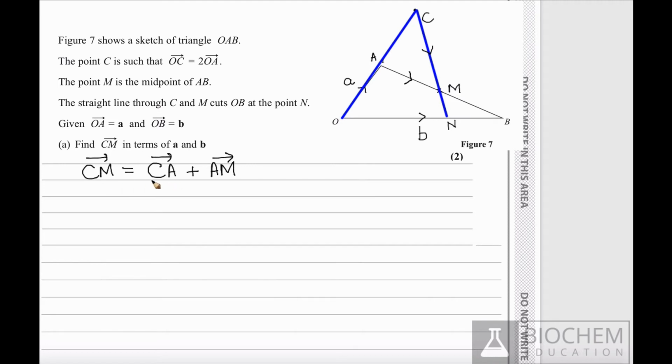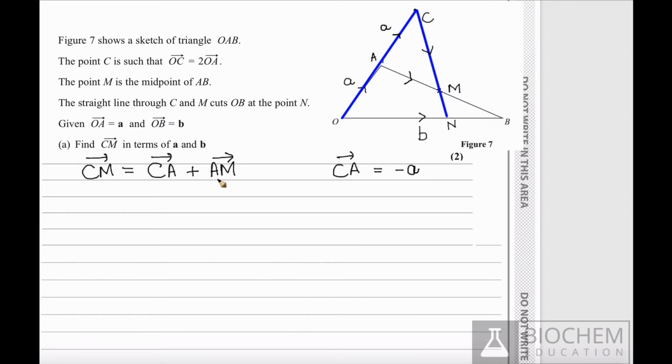So how can I find CA vector? I know O to C is 2a. Therefore, OA is a and AC is also a. So if AC is a, then CA would be negative a because you're changing the direction of the vector. Hence, CA vector is negative a.